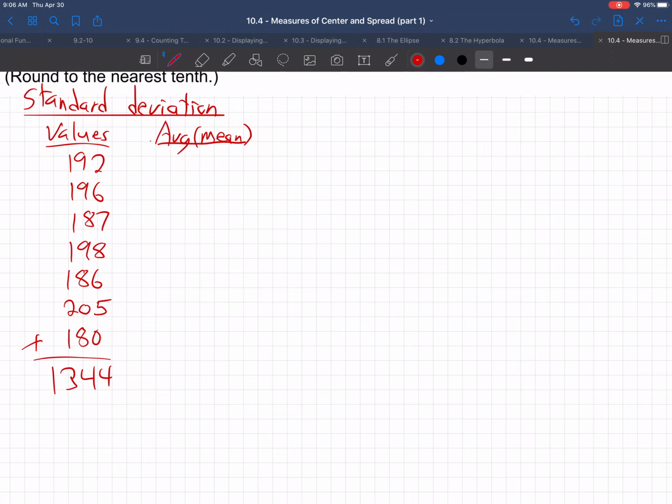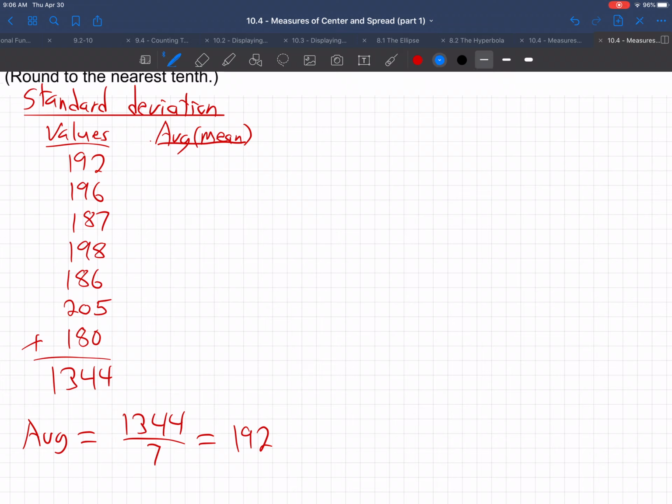So there's the total. So then the average is 1344 divided by 7. That's the mean, which comes out 192. So the average value is 192.